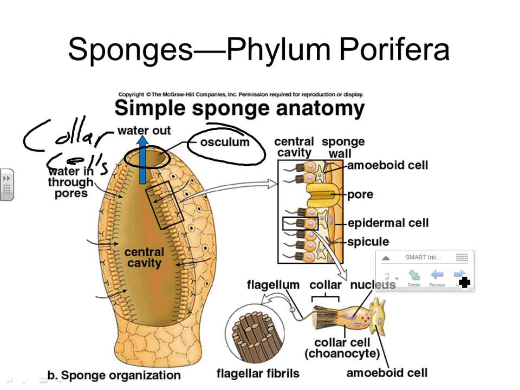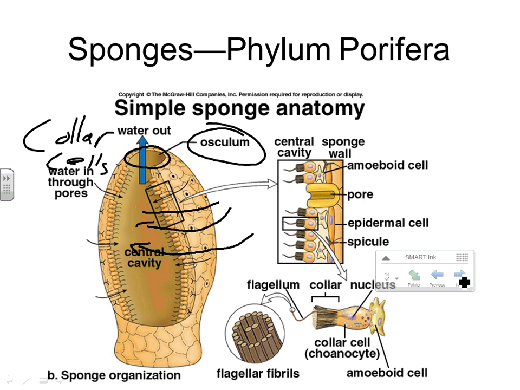And those flagella whip around and do what? They pull in water. And as water comes in, those are the filters. Those cells filter out the bacteria, the algae, the protists. And then once they finish filtering it, the water comes in through these pores into this cavity.